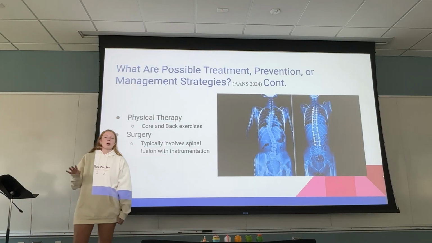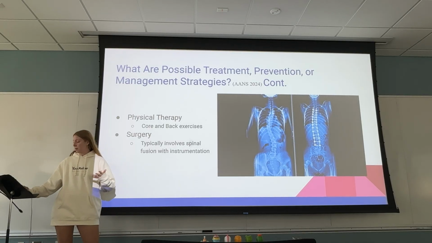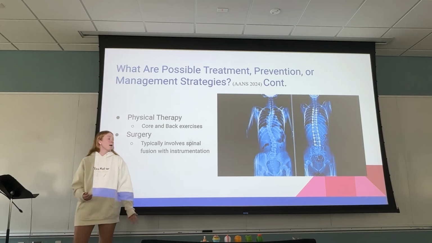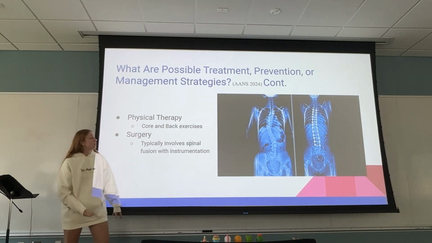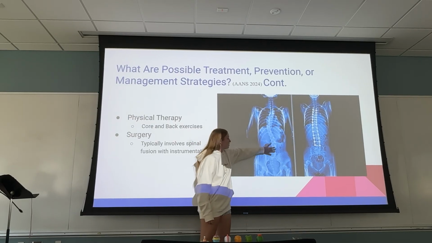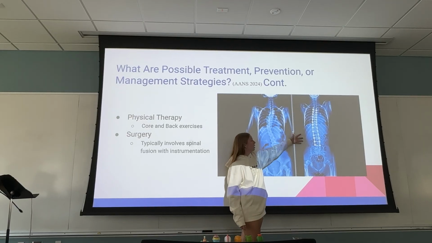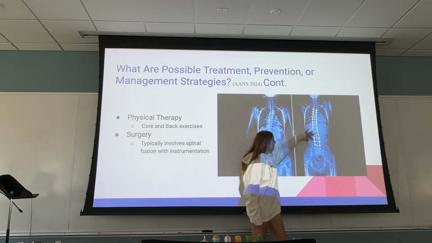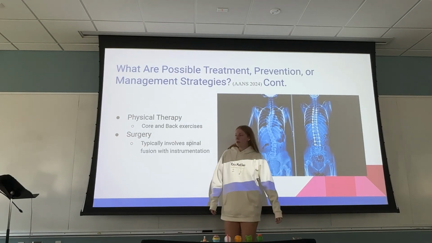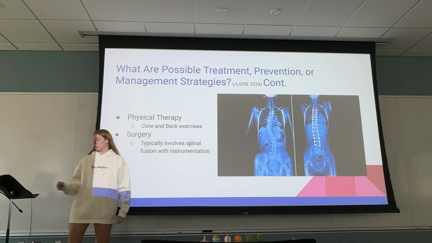And then if scoliosis is severe enough, another way that it can be treated is through surgery, which typically involves spinal fusion with instrumentation. And here's an image of a patient before with the obvious combined scoliosis, and then after it was surgically treated. You can see the spine with the help of these instruments is straighter, and it helps with the lung capacity, the painful back, and the asymmetry.